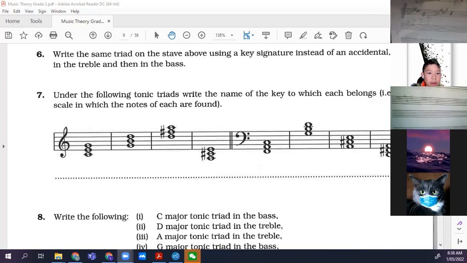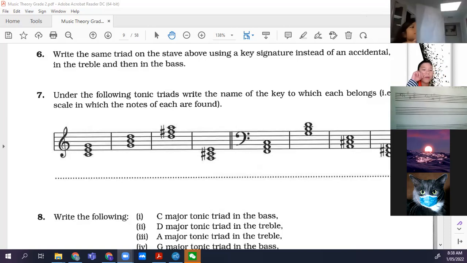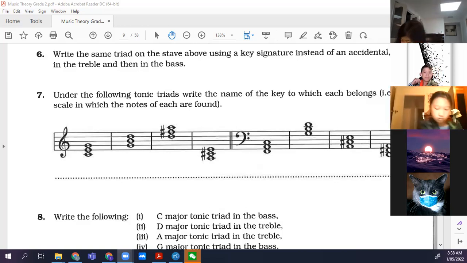Abigail, you've accidentally written everything in the treble, even though you put bass clef. Hazel, there's a problem with your key signatures.